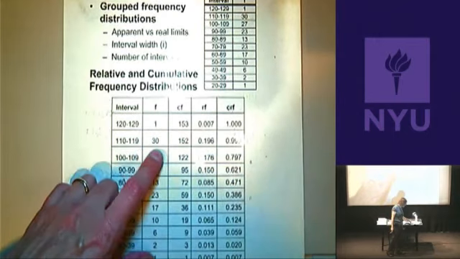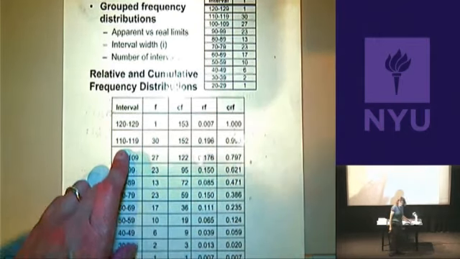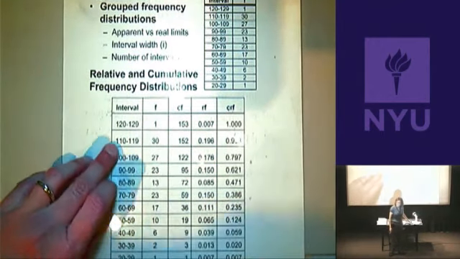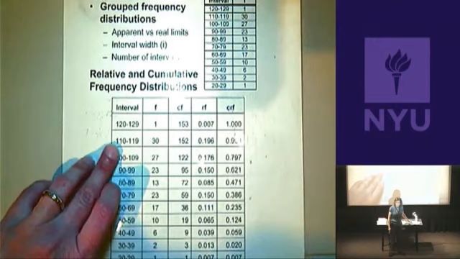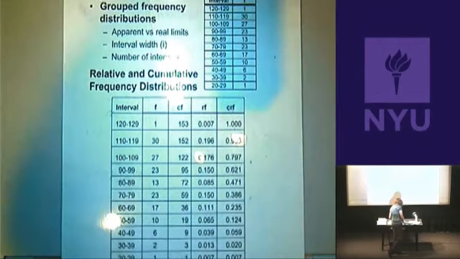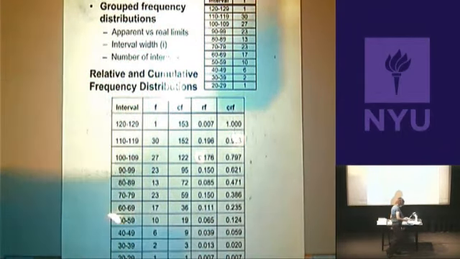You don't know what those values are. You don't know if all those kids scored a 110. You have no idea how it's distributed throughout that interval. But you could, if you wanted to, still find percentile ranks using this information.